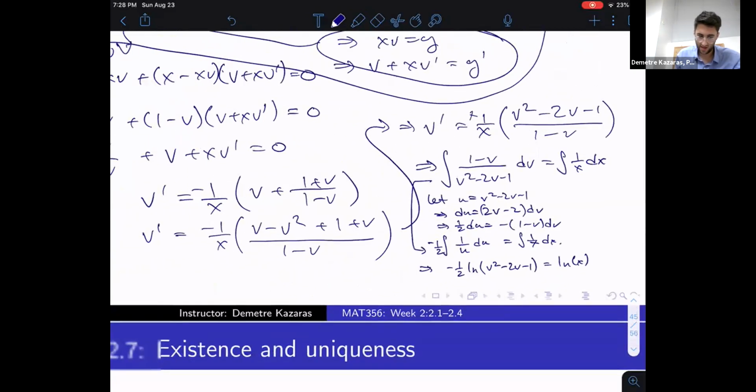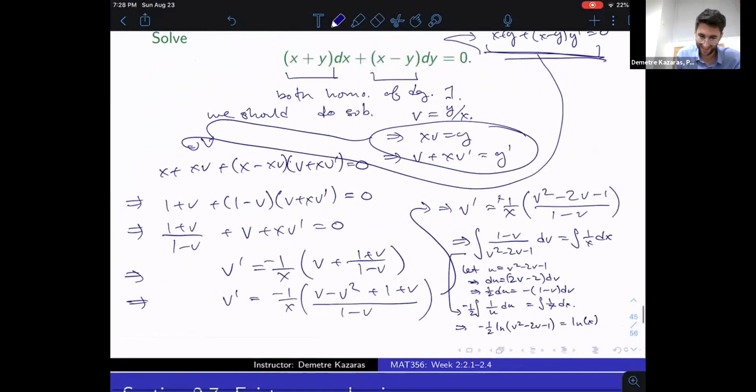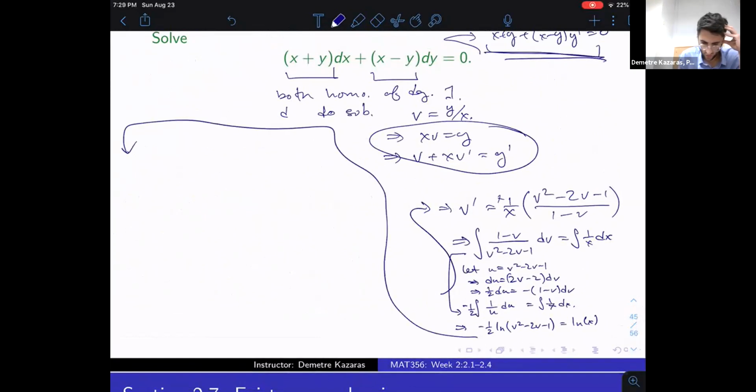So we might need some more space. 1 over the square root of v squared minus 2v minus 1 is equal to x times some constant c.